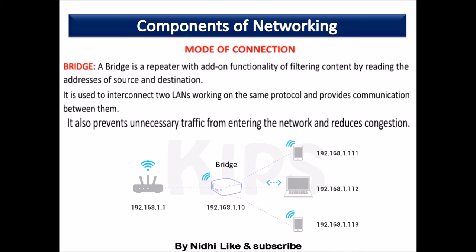So it works with the same type of protocol and same type of network. But a gateway is used to connect different types of network or segments. It can connect LAN with WAN, or MAN with WAN. But a bridge is specific to the same type of network. It can connect only two LANs or two WANs, like the same type of shores.